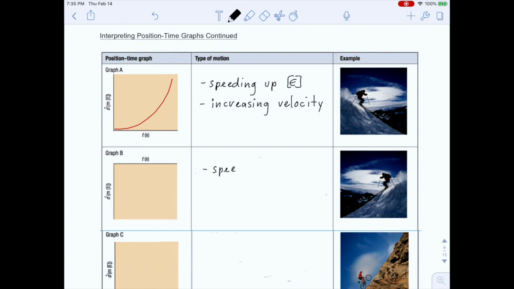In the second example, the object is speeding up, this time in the west direction. So we mentioned that west is negative east. So this graph would be a graph for increasing velocity in the west direction and would occur below the x-axis, because below the x-axis the y values are negative, and negative east means west.